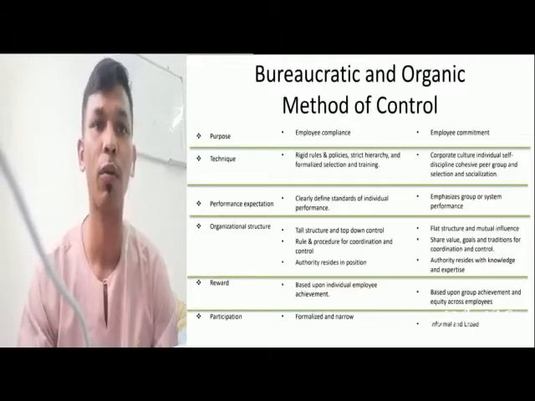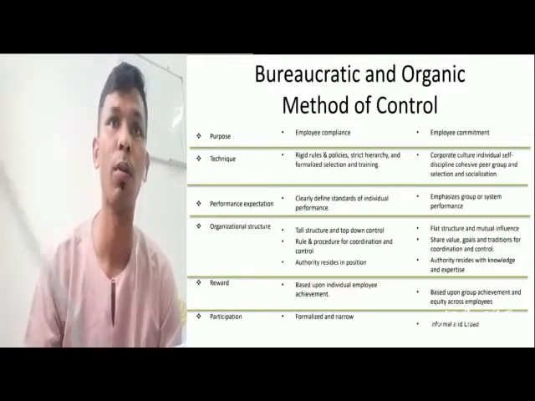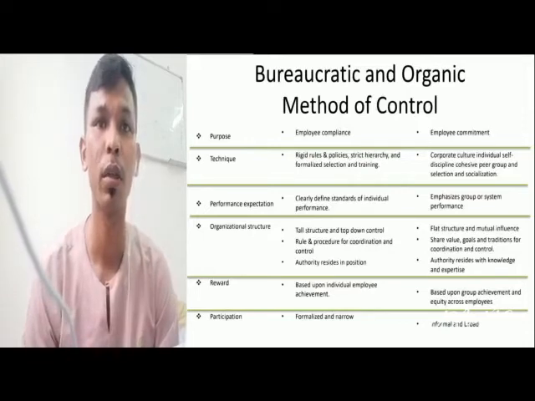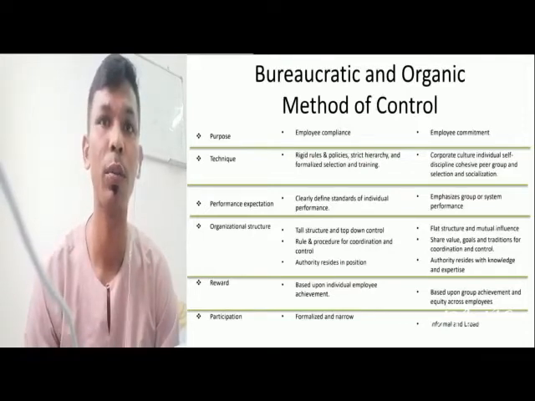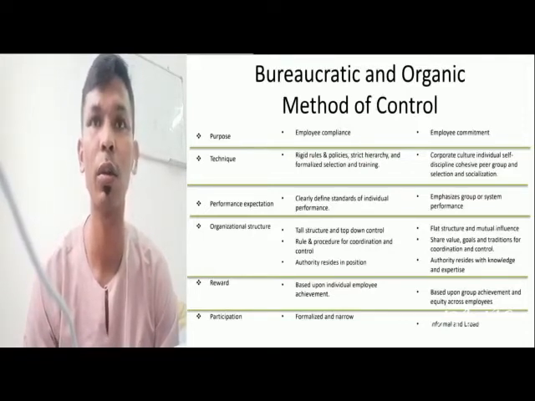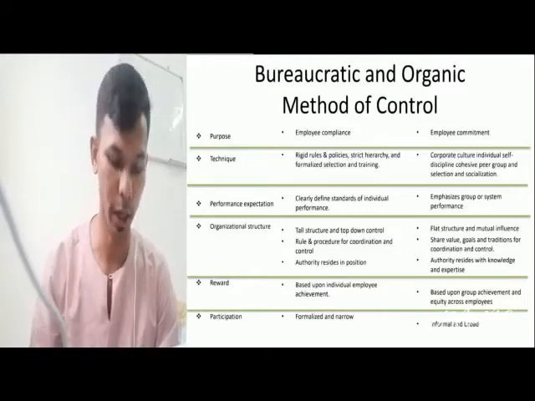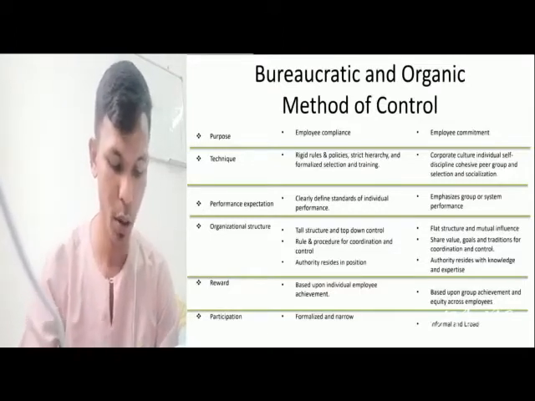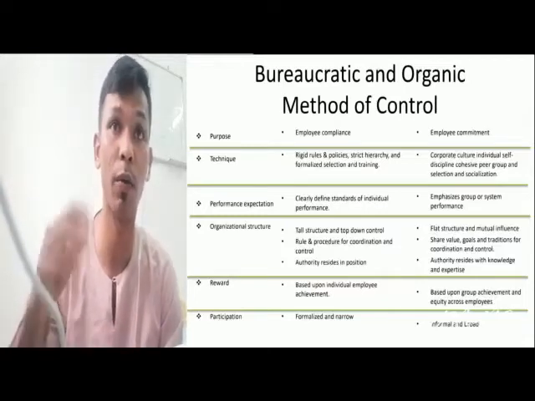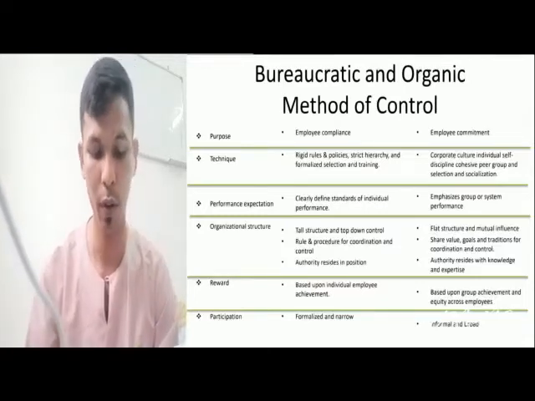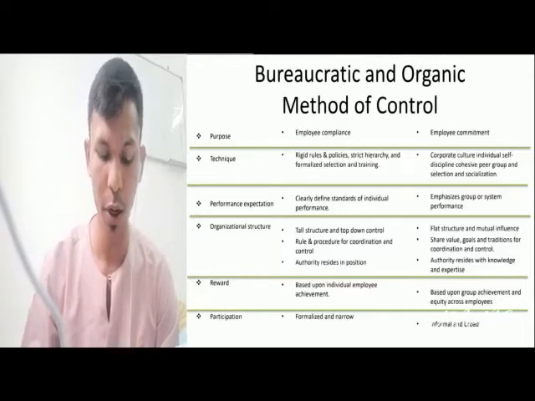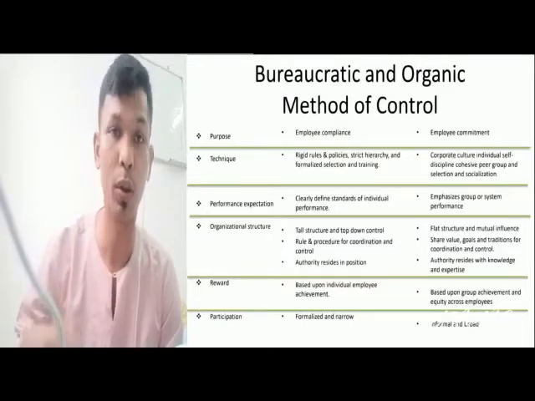For reward: for bureaucratic control, based upon individual employee achievement; for organic control, based upon group achievement and equity across employees. And lastly, for participation: formalized and narrow for bureaucratic control, and informal and broad for organic control.